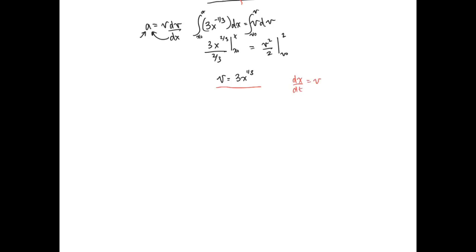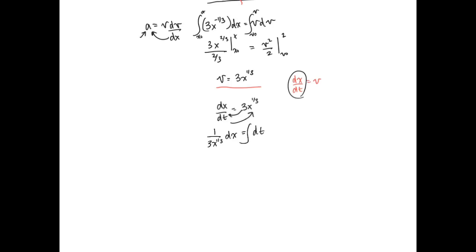So what if we replace our velocity with this derivative? Now we'll say dx over dt is equal to 3x to the 1/3. And then we'll move these around. We'll bring dt up and we'll bring this down. So then we'd have 1 over 3x to the 1/3 dx is equal to dt.